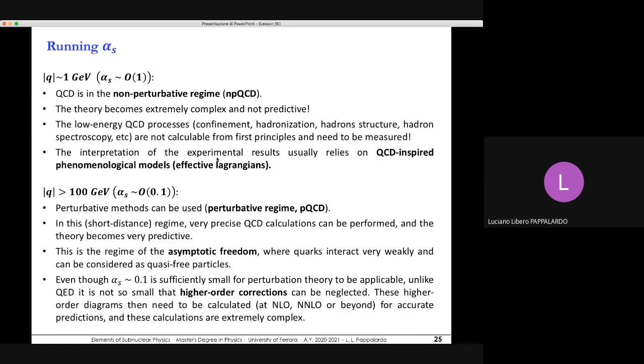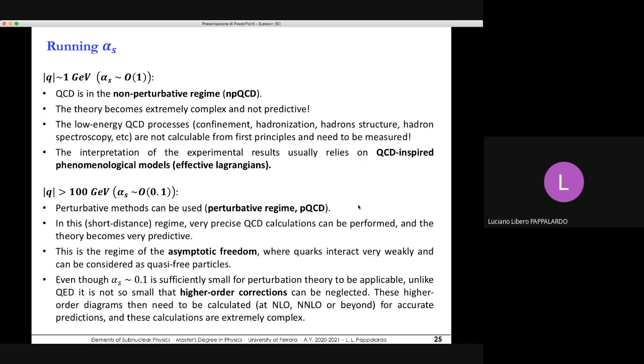On the other hand, if you now move up to large energies, so to large momentum transfer, then alpha strong decreases quite logarithmically, and at this scale, it is of the order of 0.1. So now in this regime, perturbative methods can be used, and this is indeed the perturbative regime of QCD.